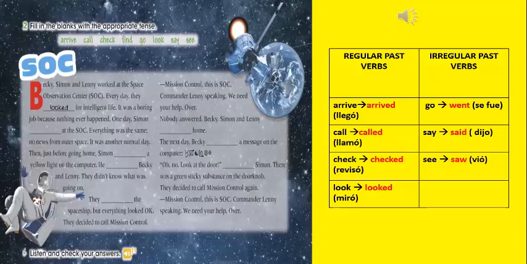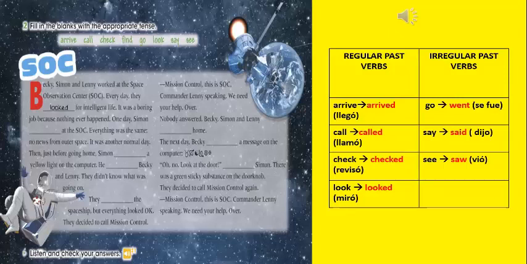No news from outer space. It was another normal day. Then, just before going home, Simon saw a yellow light on the computer. He called Becky and Lenny. They didn't know what was going on. They checked the spaceship, but everything looked okay.